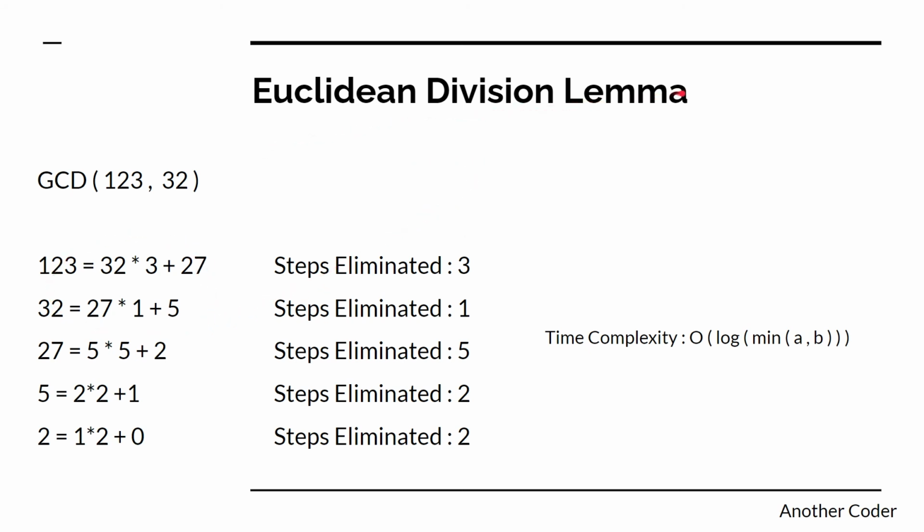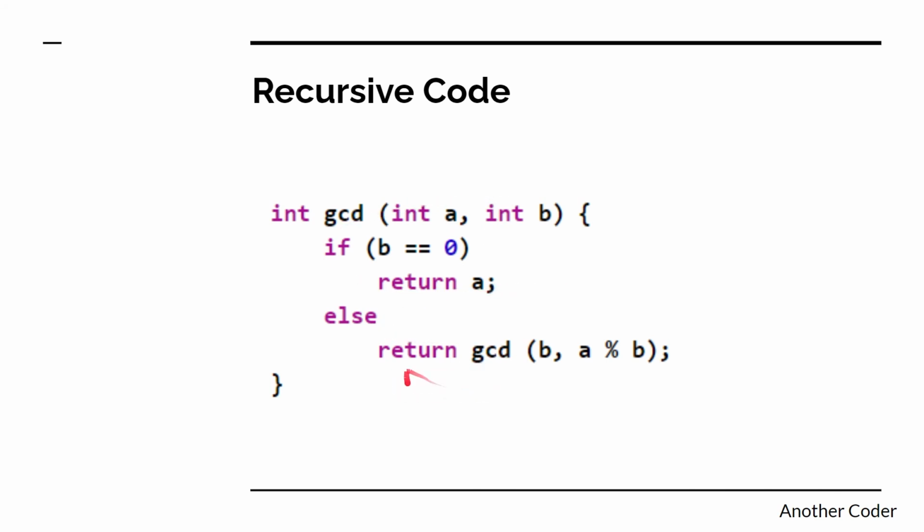It's based on the Euclidean division lemma, and we are just doing the first thing: GCD of A comma B is equal to GCD of A minus B comma B. But instead of subtracting B each time, we are just taking the remainder. Okay, so this is the recursive code for the Euclidean algorithm to find the GCD. So what we are doing is we are taking two numbers.